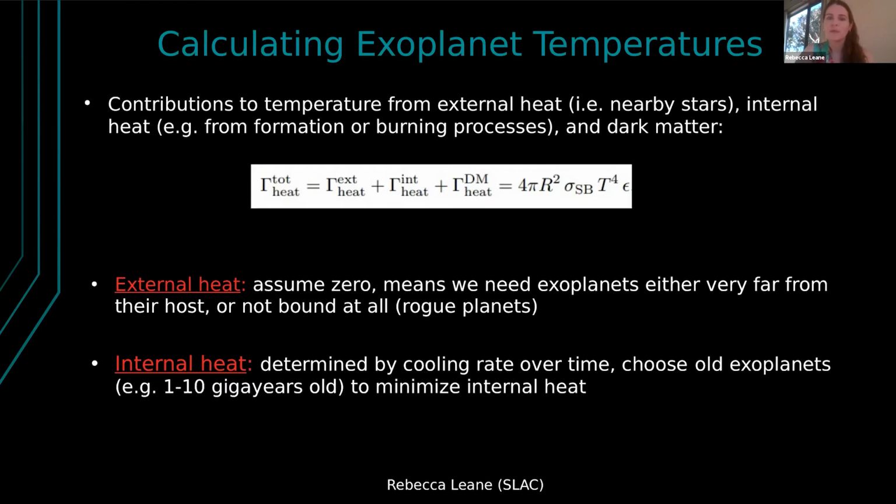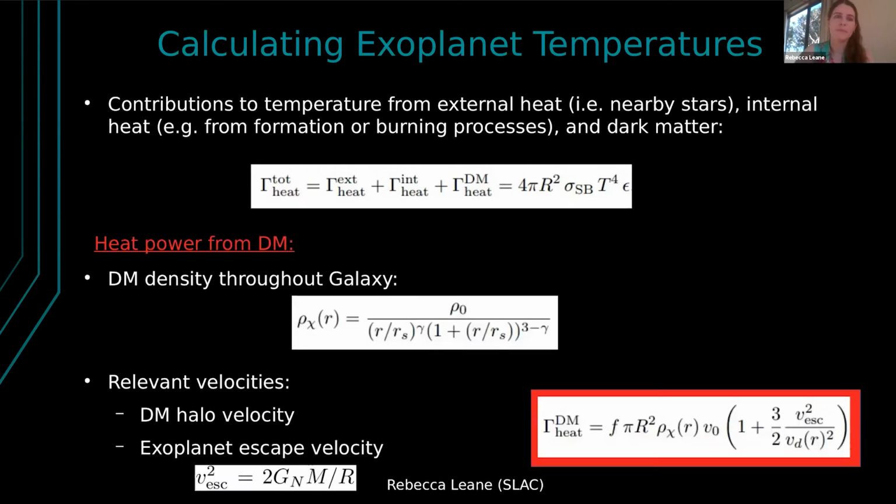And we deliberately want to choose old exoplanets as targets, for example ones that are 1 to 10 gigayears old, simply because, with no fusion or anything, they're just cooling off over time. If they cool off over time, this will minimize the internal heat to give us a larger dark matter heating signal over time.